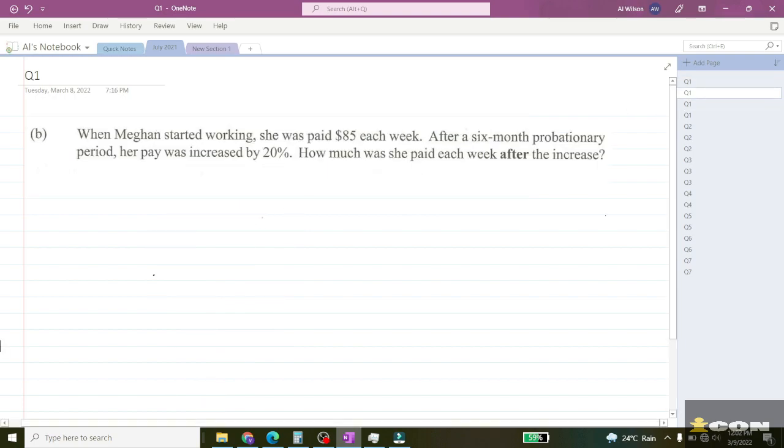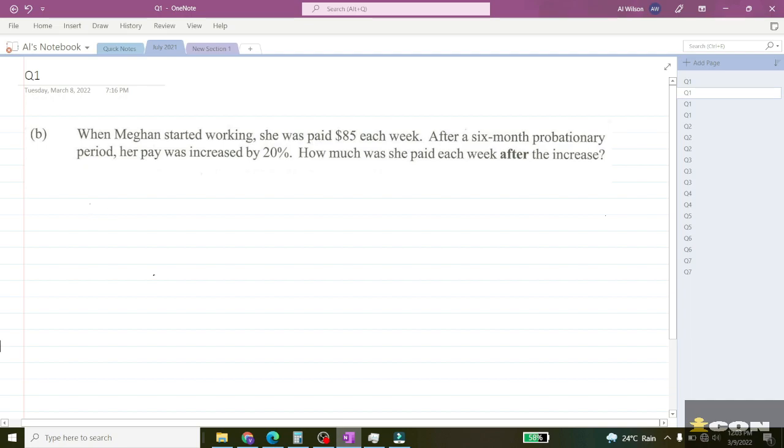Moving on to the second question that we have here for question 1. When Megan started working, she was paid $85 each week. After a 6-month probationary period, her pay was increased by 20%. How much was she paid each week after the first increase?